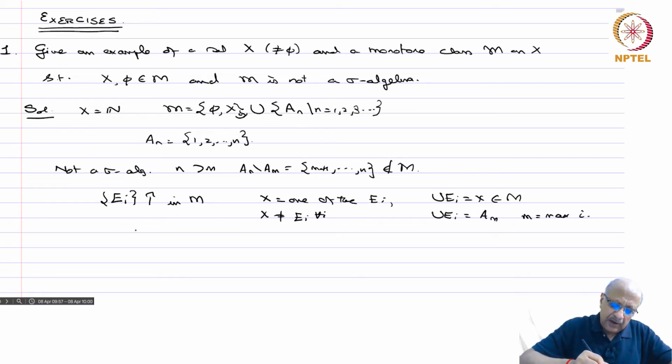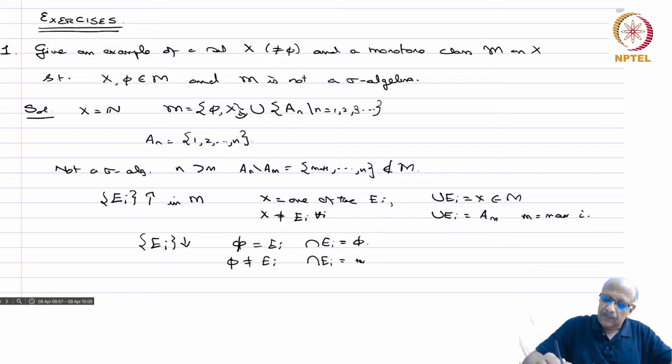Similarly, if you have the intersection of E_i decreasing, then if the empty set equals an E_i, then the intersection of E_i equals the empty set. Otherwise, if the empty set is not any E_i, then the intersection of E_i will be A_m, where m is the minimum.